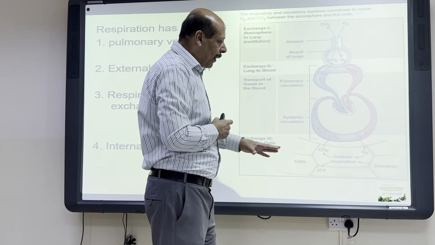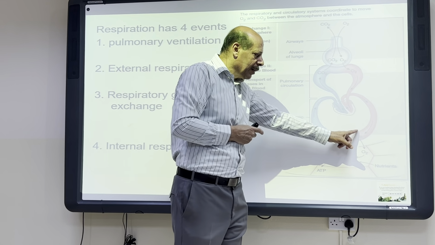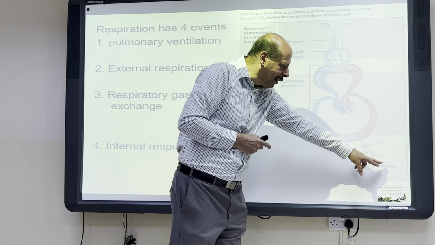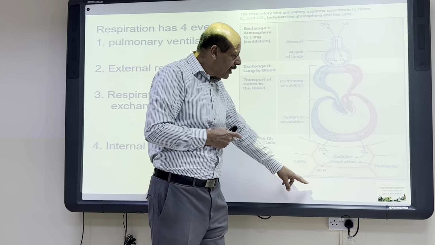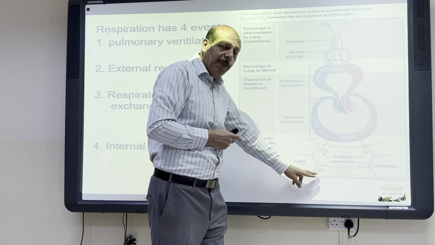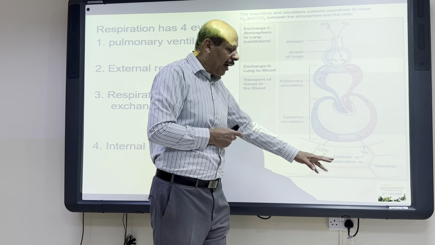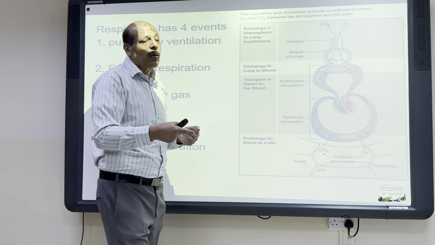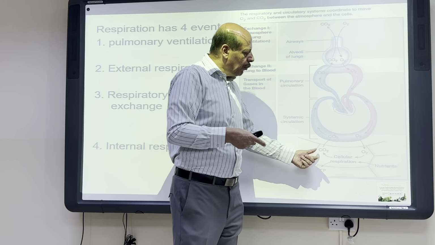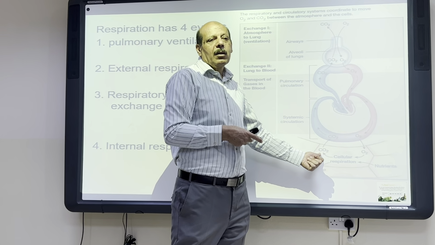So in the tissues, the tissue will take oxygen and it will also take nutrients, and metabolism will happen. It will produce ATP, adenosine triphosphate, which is the energy. That energy will be used, and the end product will be CO2.